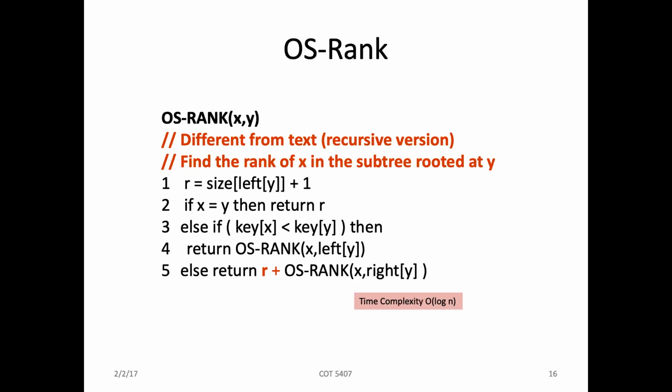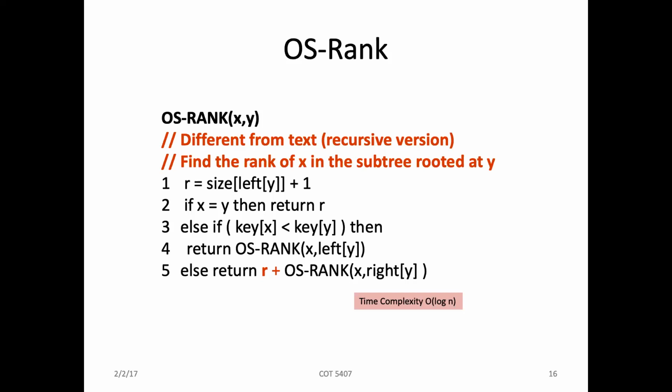We know it's not 5, but we also know that it's smaller than 5. And it's exactly the same as its rank in the left subtree, because it's not in the right subtree. There's no point looking over there. It's not the root. So whatever its rank is in the left subtree, that's its rank.